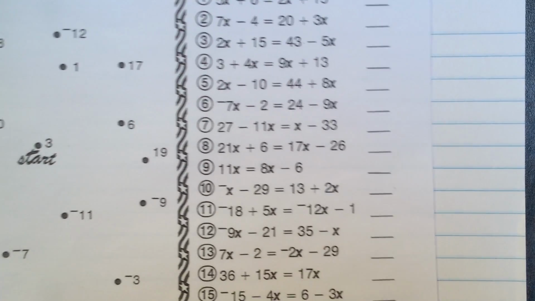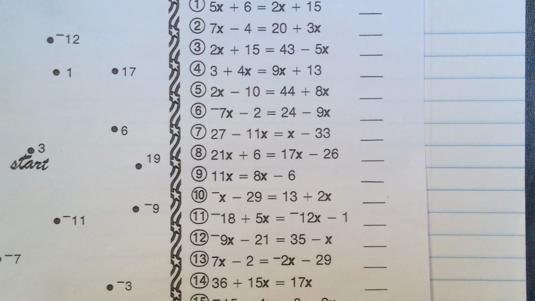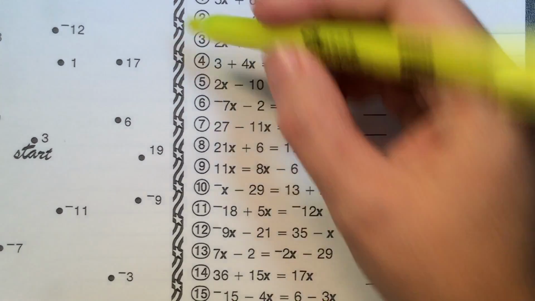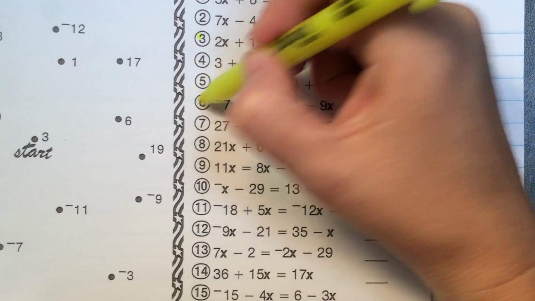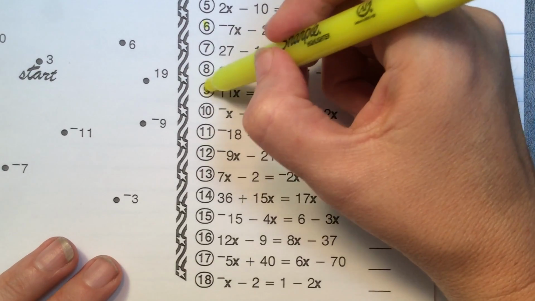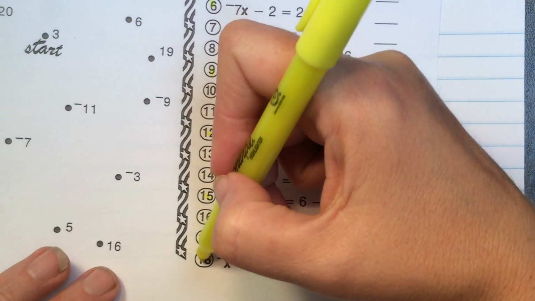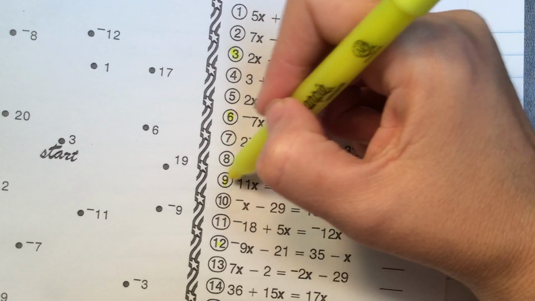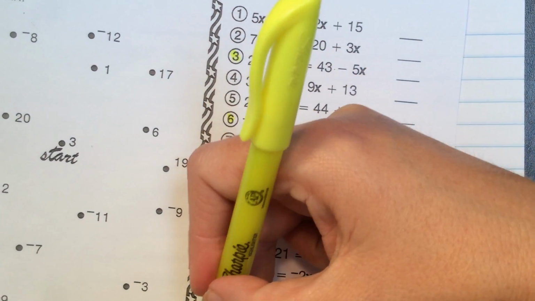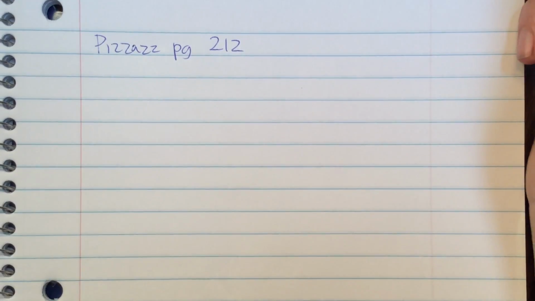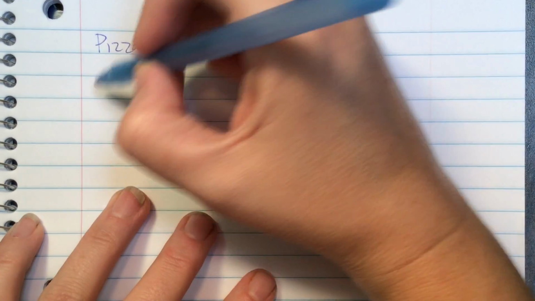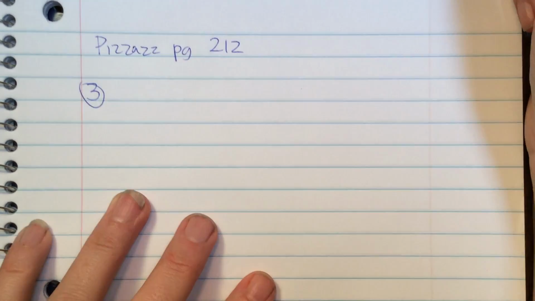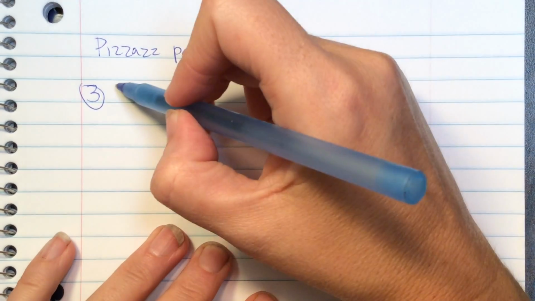Let's just do every third one: 3, 6, 9, 12, 15, and 18. I don't know what kind of problems they're going to be, but those are the ones we're going to do.